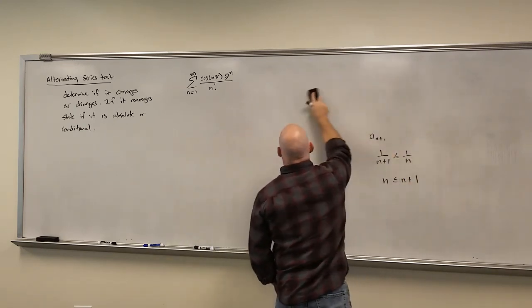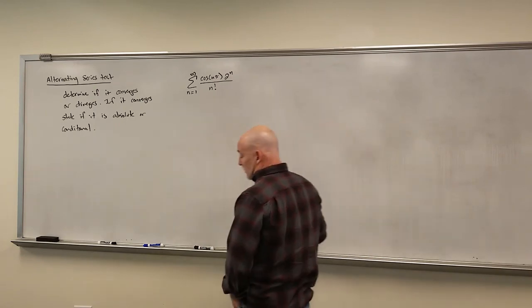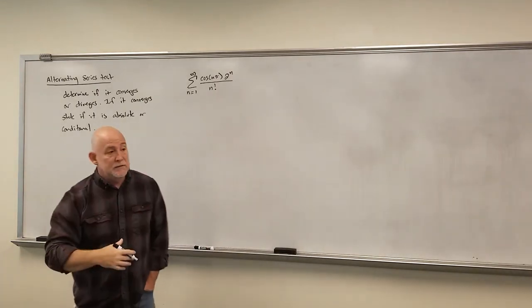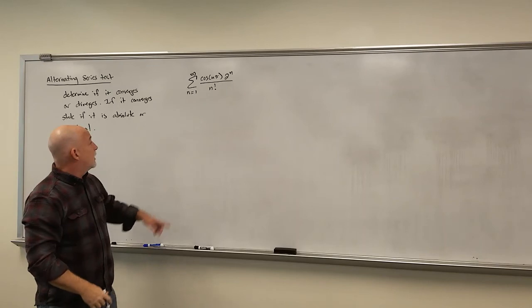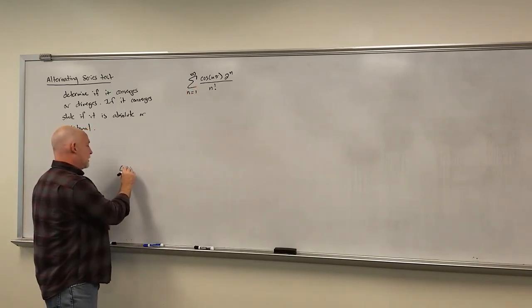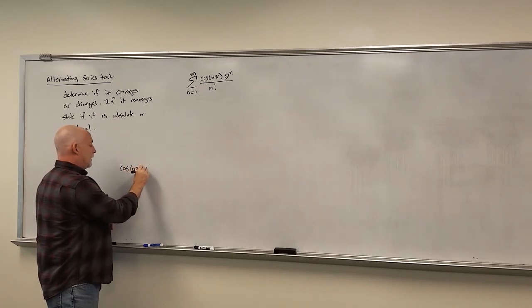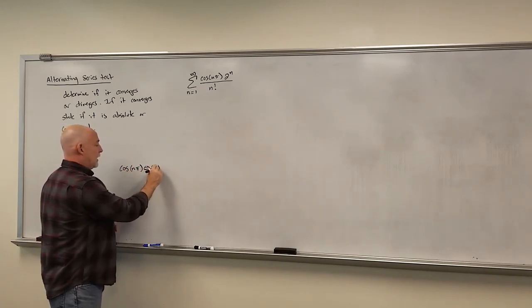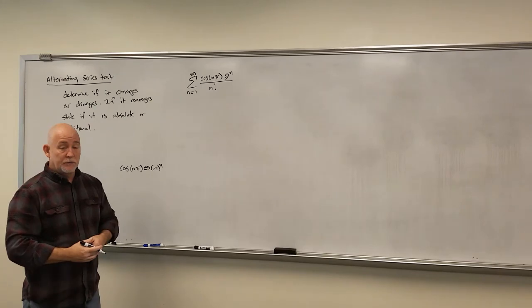Okay, so first off, the hard thing here is recognizing that this is an alternating series, right? The cosine of n pi is really the same thing as our (-1)^n. So this is really just an alternating series.